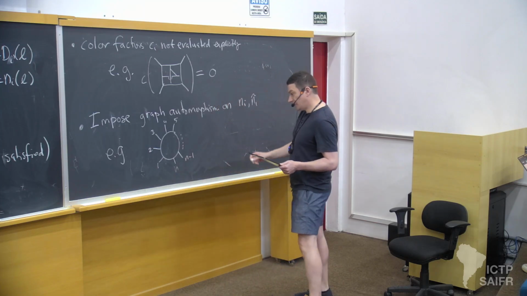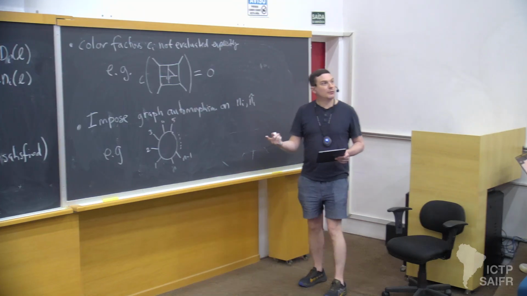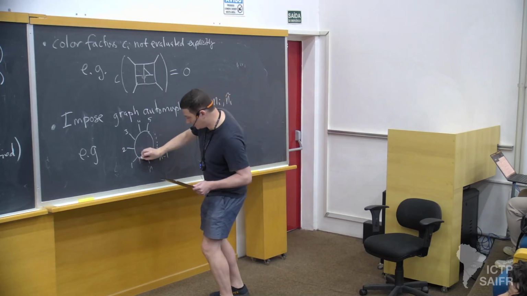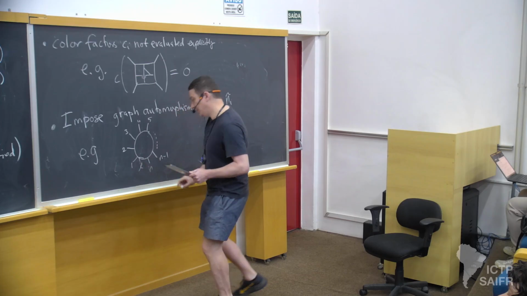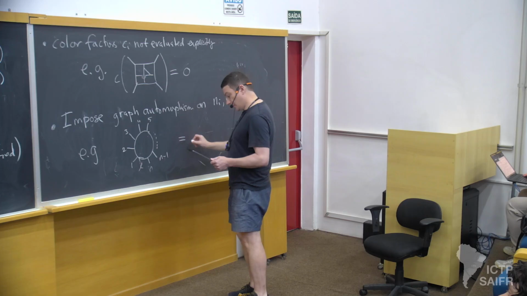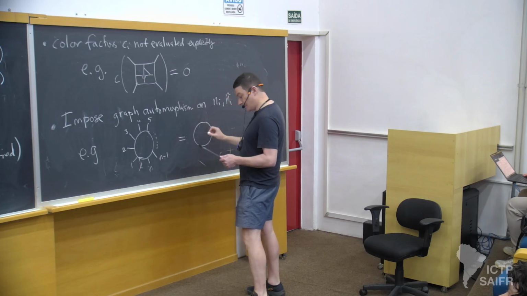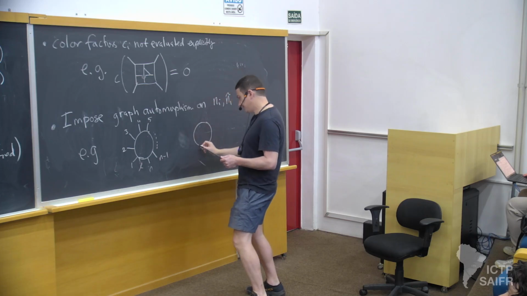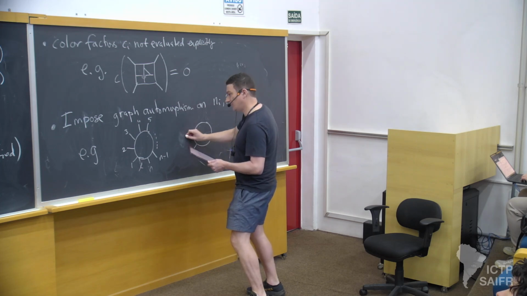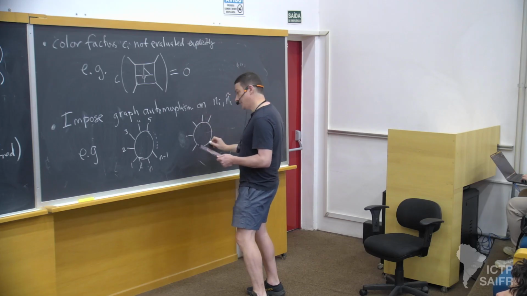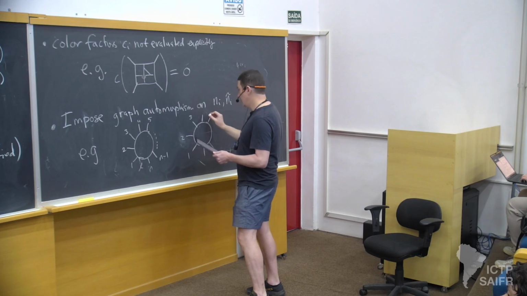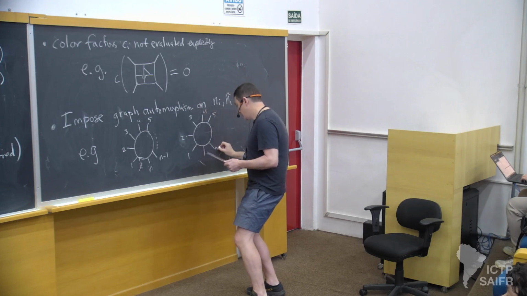So let's say we have this diagram, and then we have to decide where we say the loop momentum is, right? It's kind of ad hoc where you pick it. Let's pick it to be here. L, this is my loop momentum. But of course, I could have picked it differently. Let's draw the diagram again, with legs 1, 2, 3, 4, 5, n minus 1, n.